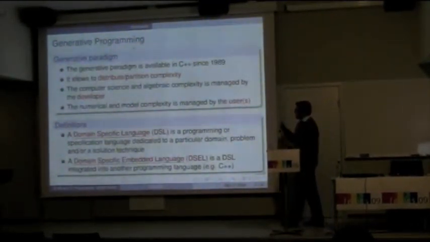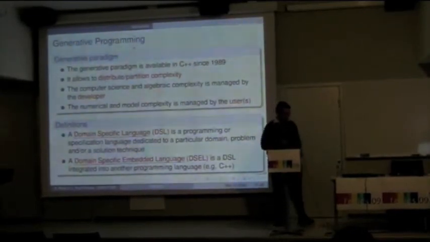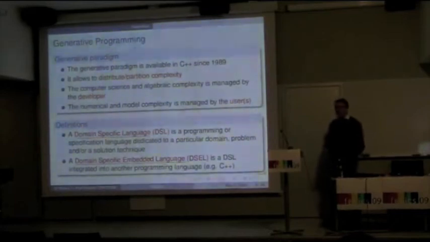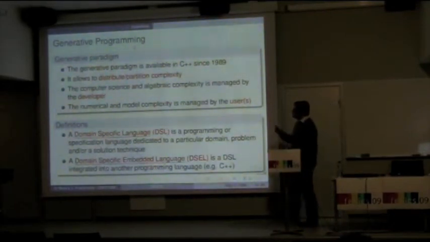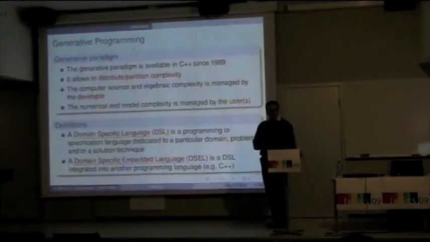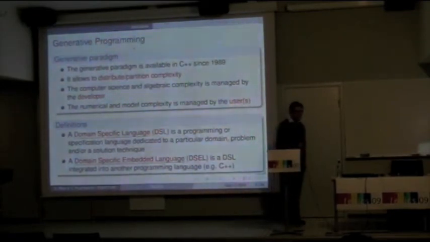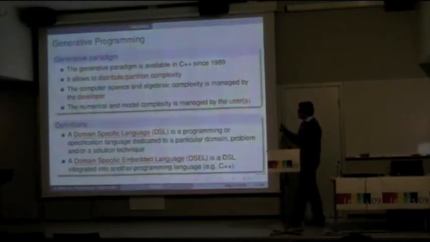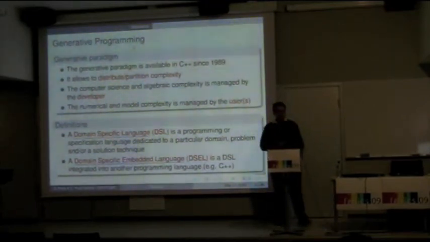And what I chose for LIFE, the core, the most important choice, was to use a new kind of paradigm at the time, which is a generative paradigm. Well, it's been available for quite some time in C++.